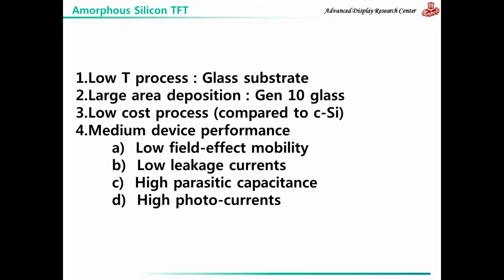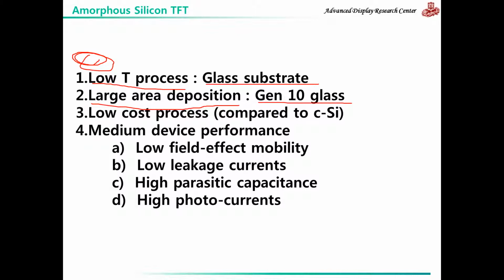So what is it that makes amorphous silicon TFTs so desirable for TFT LCDs? What are the limitations of this technology? Among the advantages of amorphous silicon, the TFTs can be fabricated using a low temperature process on glass substrate. Large area deposition is possible up to Gen 10 glass.